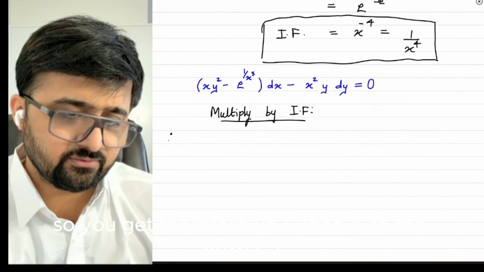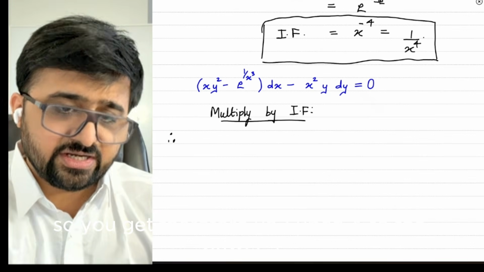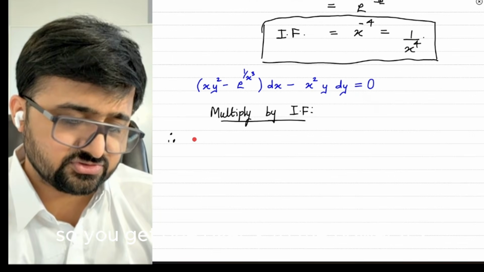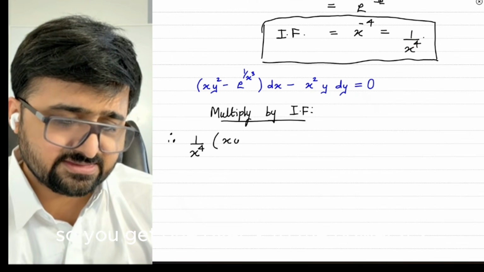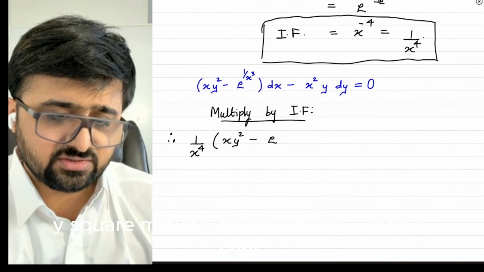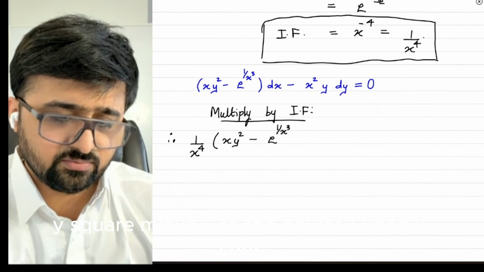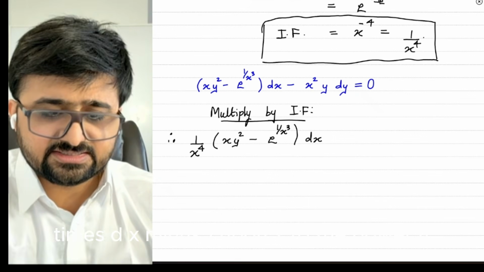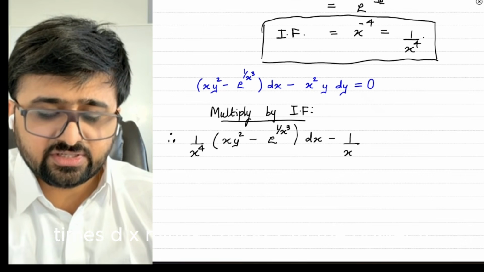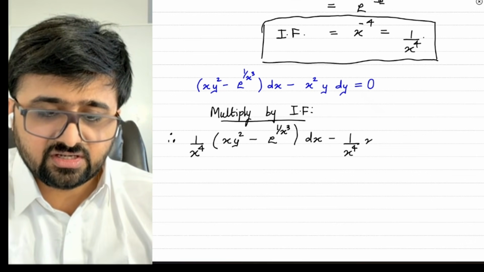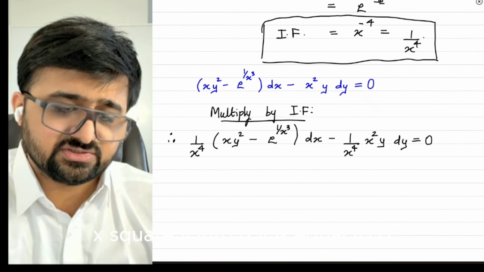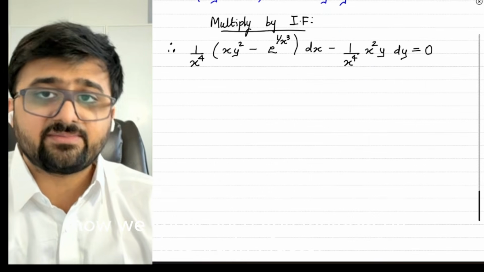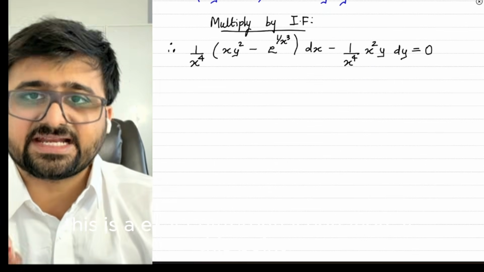So you get 1 over x to the power 4 times (xy square minus e to the power 1 upon x cube) dx minus 1 over x to the power 4 times x square y dy is equal to 0. Once you multiply by the integrating factor, this is an exact differential equation.